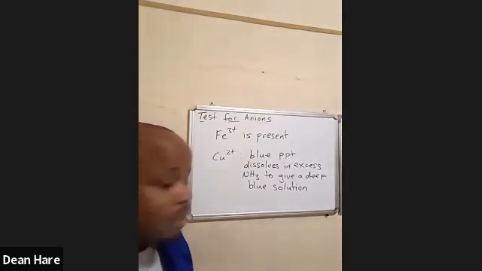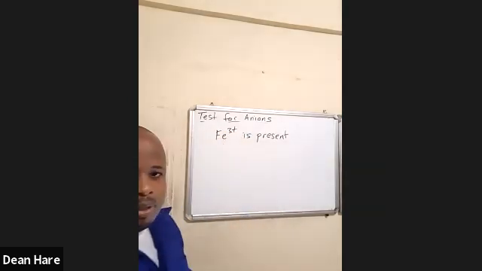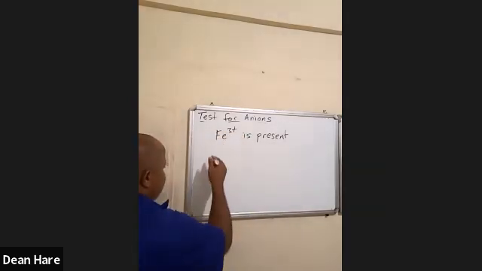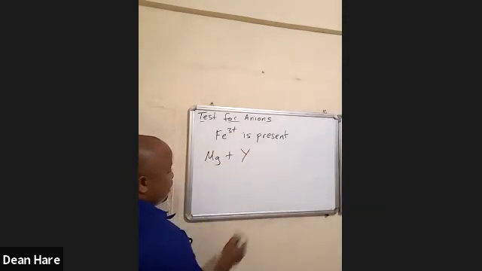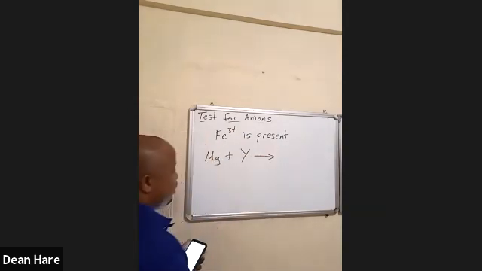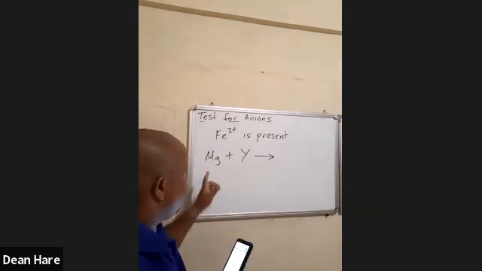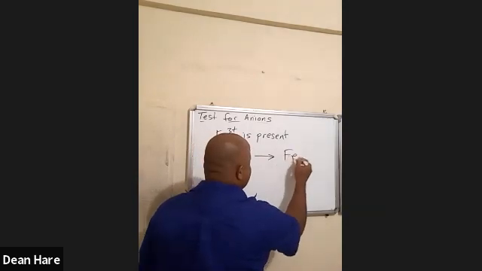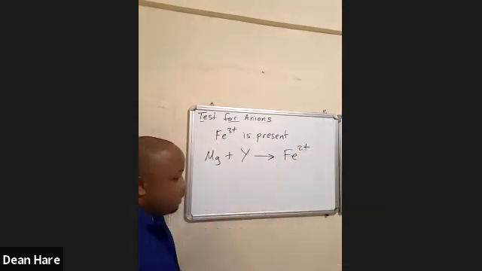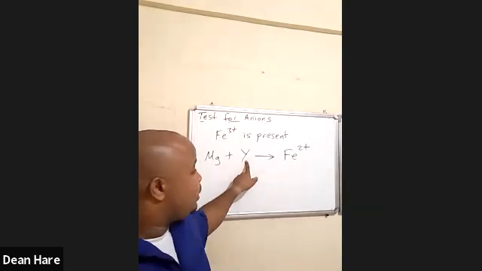Let me tell you what they're saying there. We have magnesium with a solution of Y, and the inference says magnesium reduces solution Y, and we get Fe2+ ions. So whichever ion was in solution Y was reduced to Fe2+.